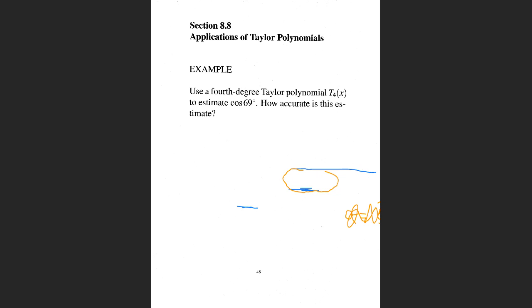You could use pi over 3, which is 60 degrees, right? That's one possibility. You could also consider pi over 2, which is 90 degrees. Okay, hang on here.